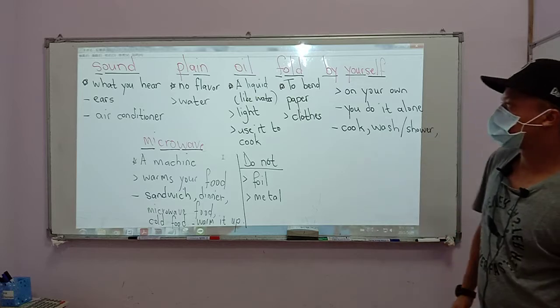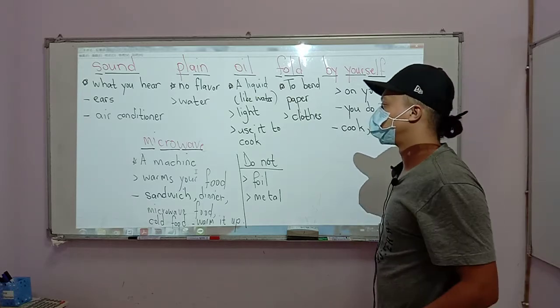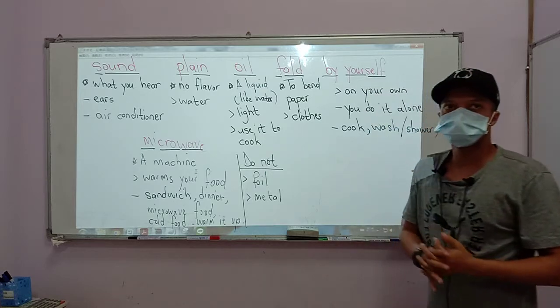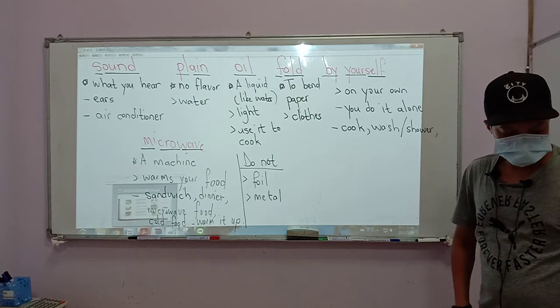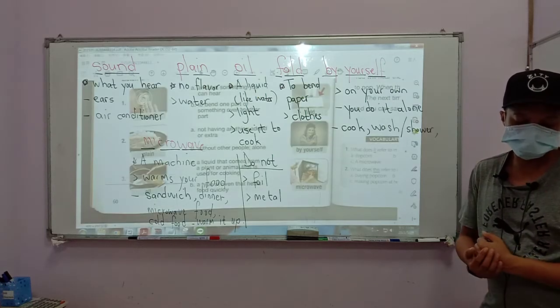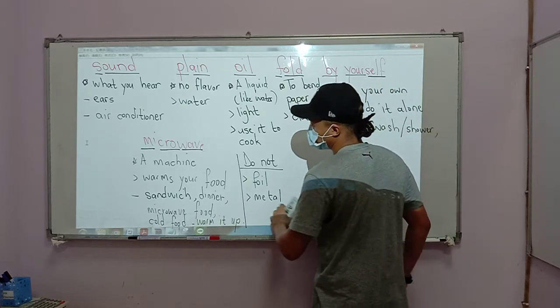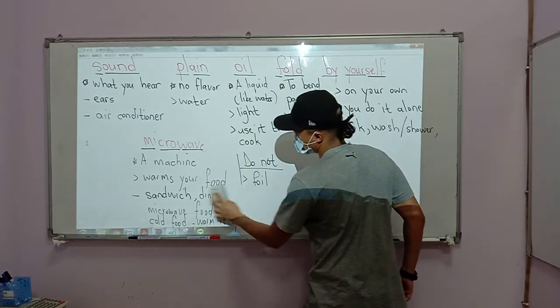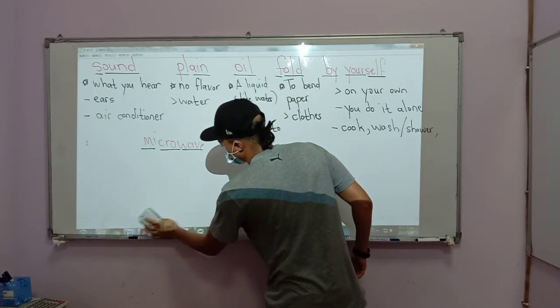All right, guys, those are the vocabulary words that you need to know for this unit. So what we're going to do now is I'm going to give you a chance to quickly answer the questions in your book. Let me just erase this, and while you wait, you can answer the questions in your book.